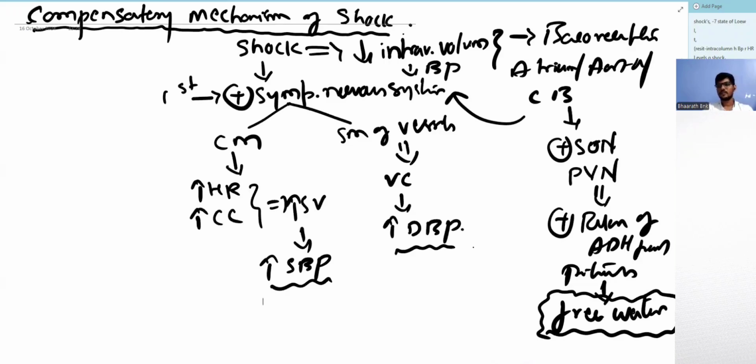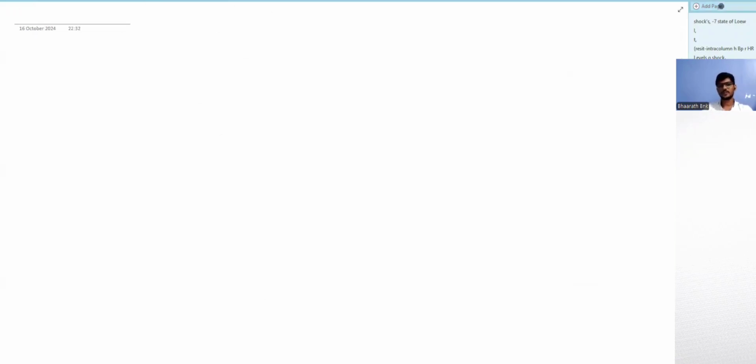And the second thing: when this reduced volume reaches the kidney and reaches the juxtaglomerular apparatus, the cells of the juxtaglomerular apparatus sense this and release renin. So this is second.